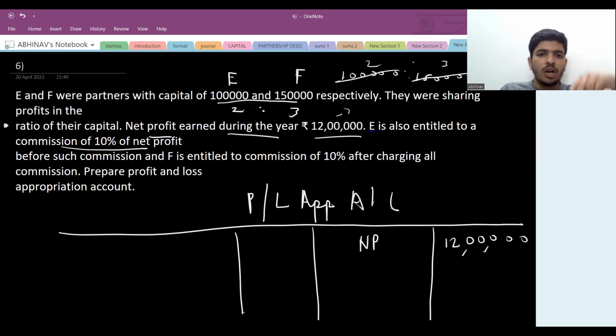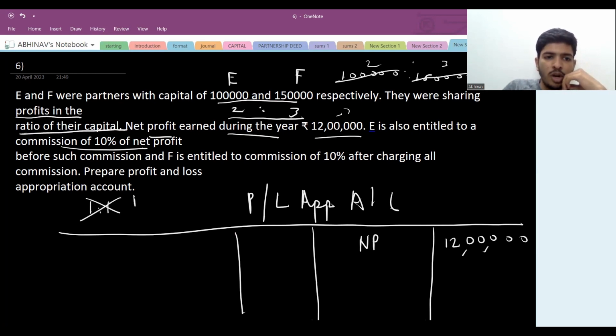Okay, so this is the capital ratio. Now they're telling the profit sharing ratio is the capital ratio. So assume that instead of 1:1, they share their profit in the ratio of 2:3. That is 2 to E, and 3 to F. Right.